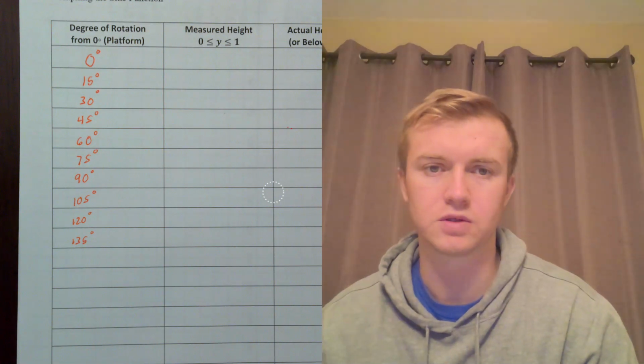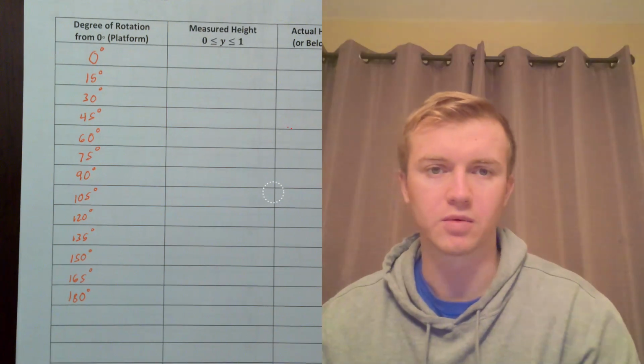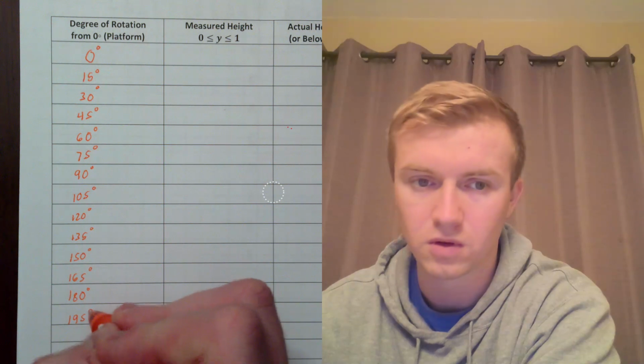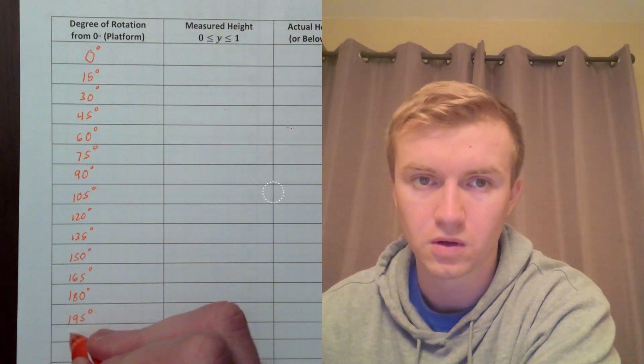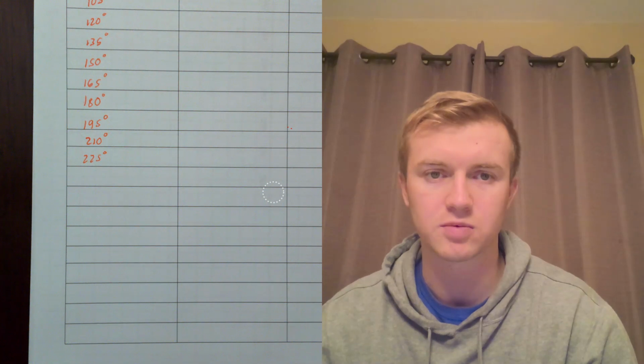So you got all those, and then 150, 165, 180. And then what you're going to notice, again, 195, 210, 225. Great. And then again, I'm getting down to my end here, so we'll just move it up. And then the last one's 240, 255, 270.